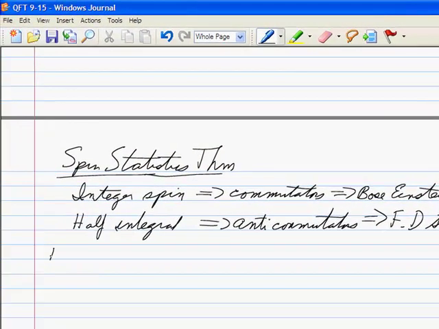So the proof originally is by Pauli. The standard reference is a book by Streater and Wightman. It's a very mathematical physics book.